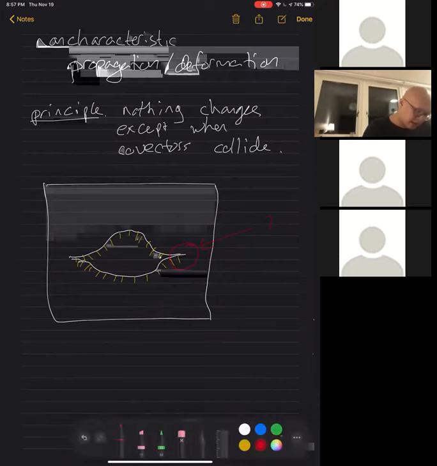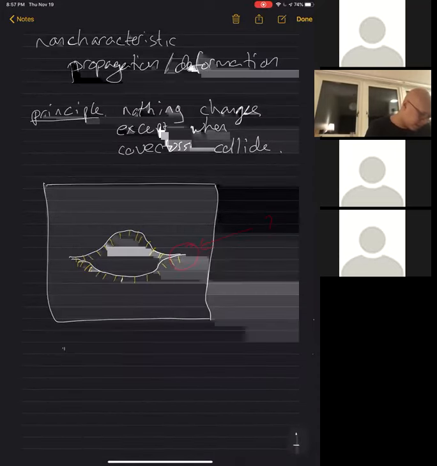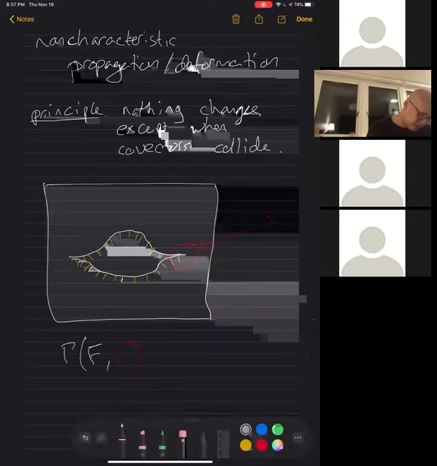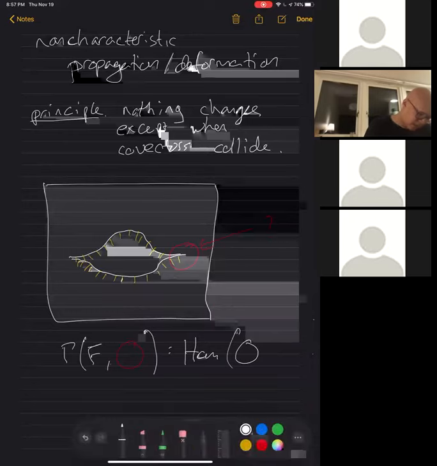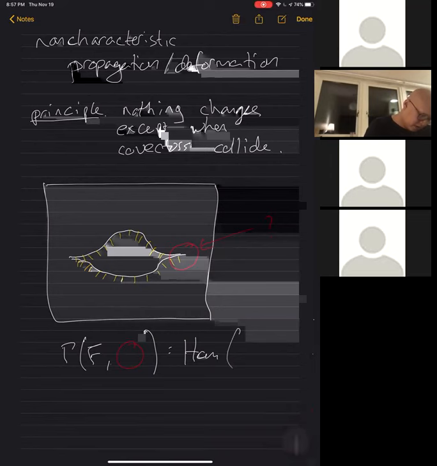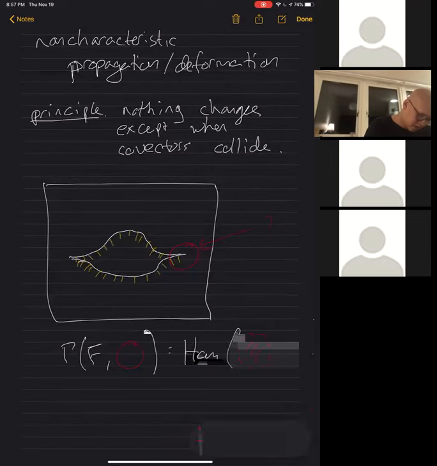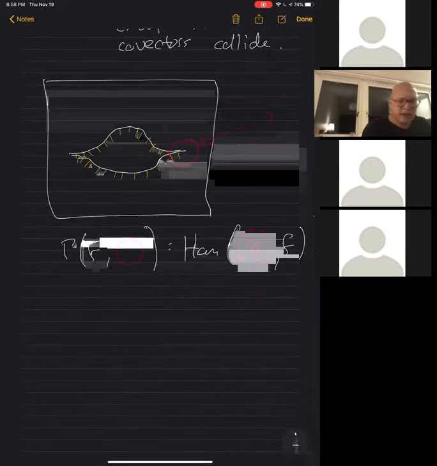You say that the sections of F over this open set, well, that's equal to Hom from the constant sheaf on the open set to F. And by the way, whenever I make any statement whatsoever, it's always a derived statement.